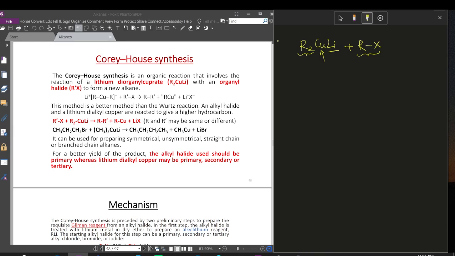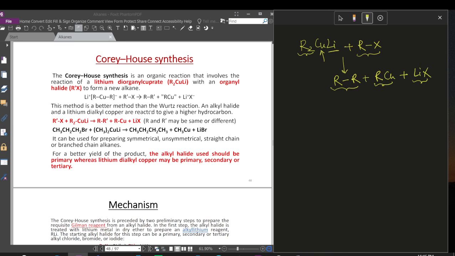This is an organyl halide or alkyl halide. If you react these two, the lithium diorganyl cuprate and the alkyl halide, this will form R-R plus RCu plus LiX. So this is the alkane, this is the alkyl cuprate, and this is the lithium halide.